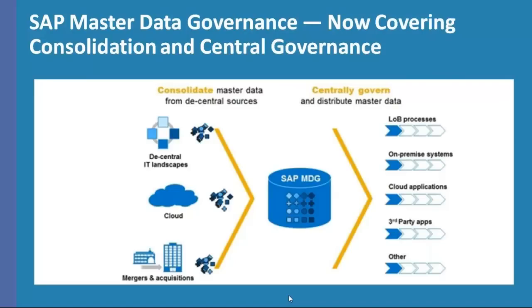In an ABAP system, let's say an ECC system, you are trying to create one material master. So you directly go to the MM01 transaction, you create the material, you save it, and that goes to the respective database table for material, which is the MARA table.